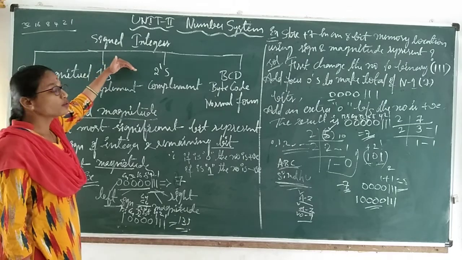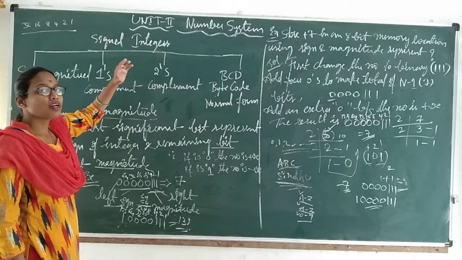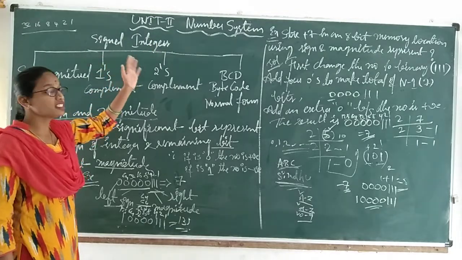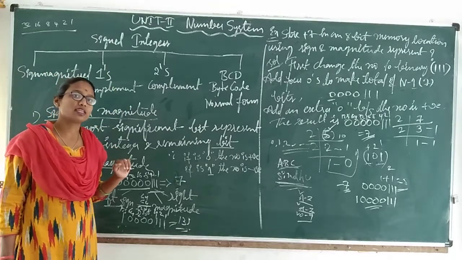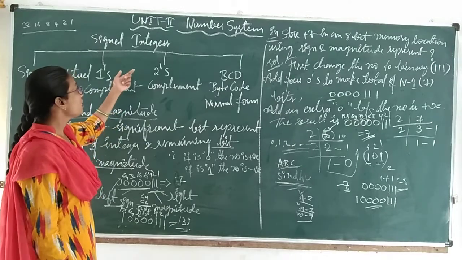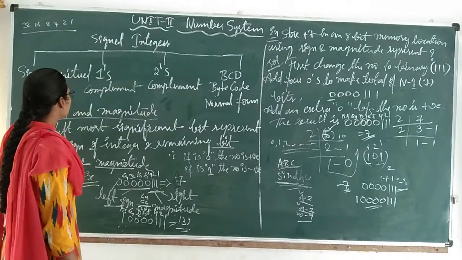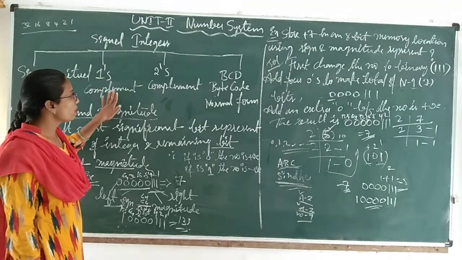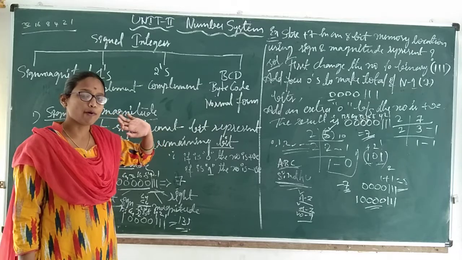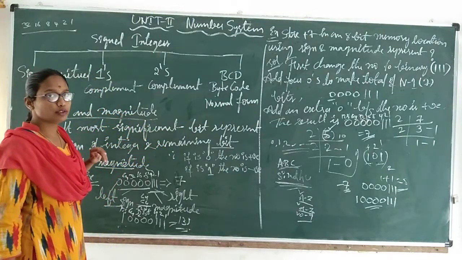Now coming to the subject, the number systems. First we have two concepts: signed integers and unsigned integers. In this lecture we are learning signed integers. Signed integers are divided into categories: sign and magnitude, ones complement, twos complement, and BCD. Today we are learning sign and magnitude.